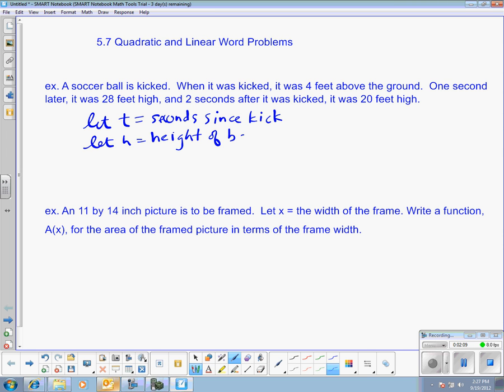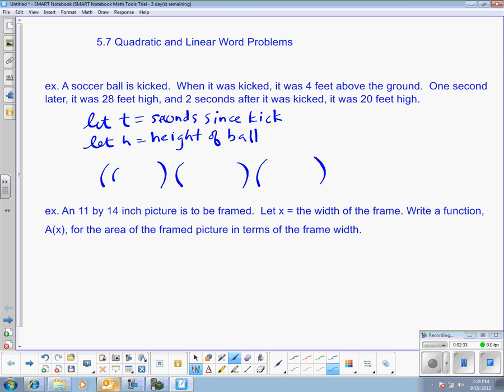of the ball. Now, whenever one of your variables is time, time goes on, it doesn't depend on anything. So time is always going to be your x. So we're going to form three data points based on our statement. The first statement is that when it was kicked, it was 4 feet above the ground. So the actual foot hit the ball when the ball was 4 feet above the ground.